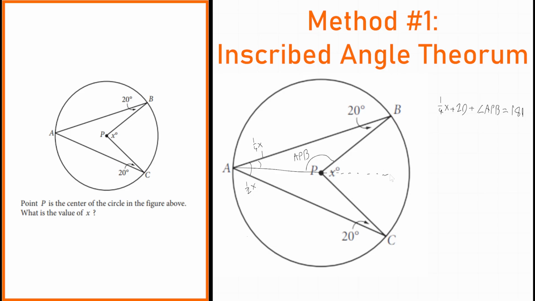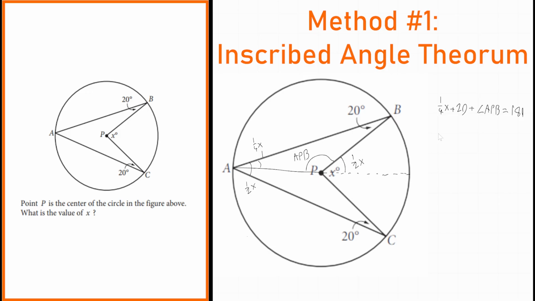We can also continue this line from A to P straight through P, and we'll cut this value X in half. So this part right here will be 1/2 of X. And you can see, because angle APB and this 1/2 X angle make up the entirety of one side of a line, they also add up to 180 degrees due to the properties of supplementary angles.